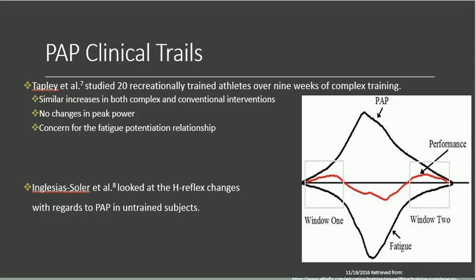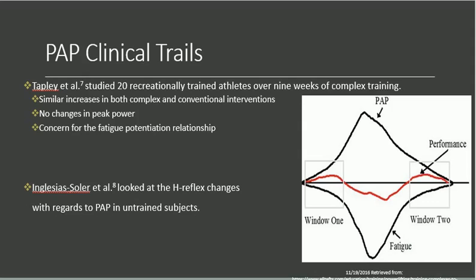One of the reasons they thought they did not see this peak power change, if you look at the picture on the right, is that there's this fatigue and post-activation potentiating relationship where we have a potentiated response, but the window is so small because fatigue will be so high when we have this really high load conditioning contraction preload to try and elicit this PAP response.